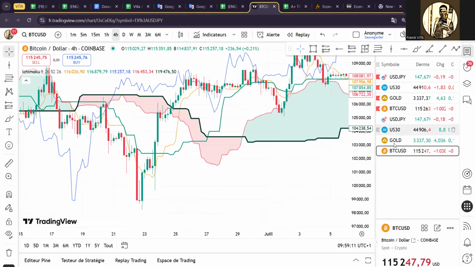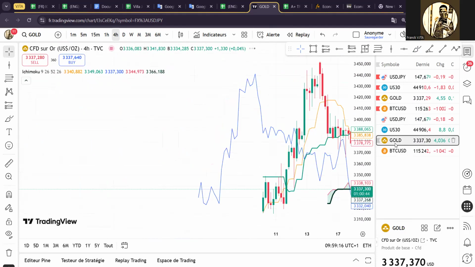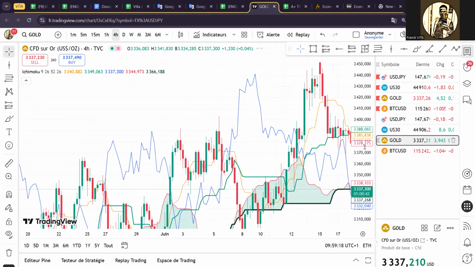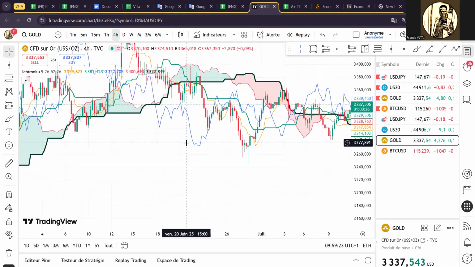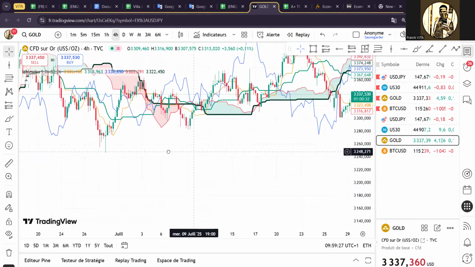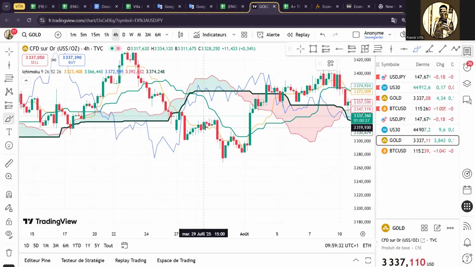Let me go on gold maybe. For example, here, the size between Tenkan and Kijun is not fat, is not too skinny, it's just medium.